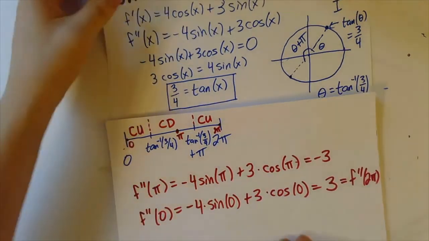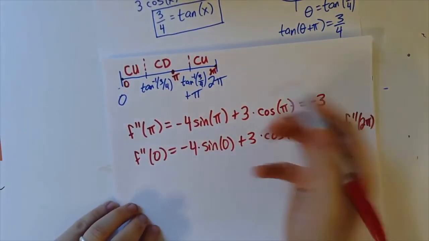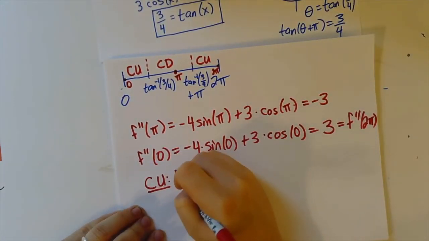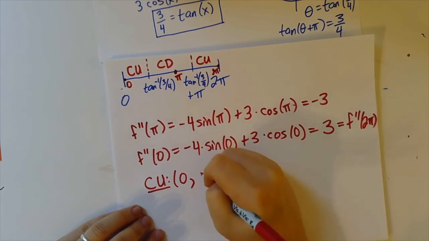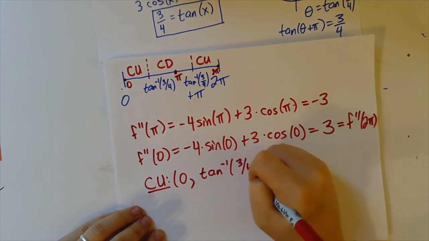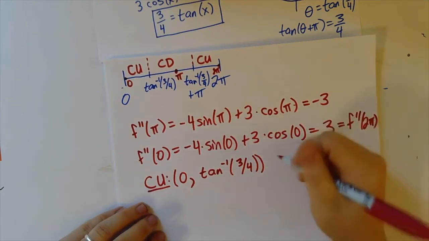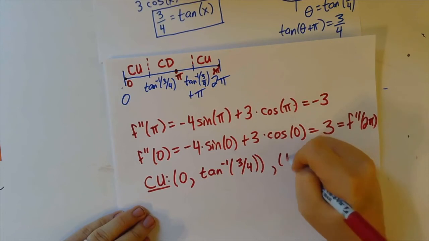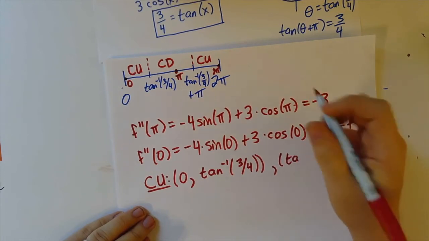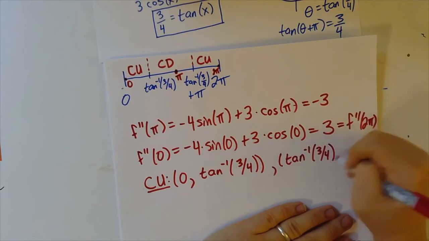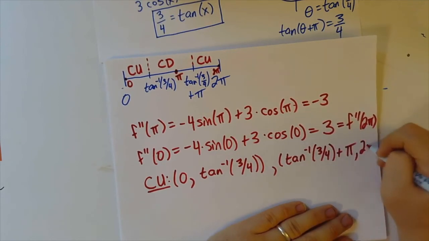And so then my answer will be that it is concave up on the interval 0 to the inverse tangent of 3/4, and also the interval inverse tangent of 3/4 plus pi to 2 pi.